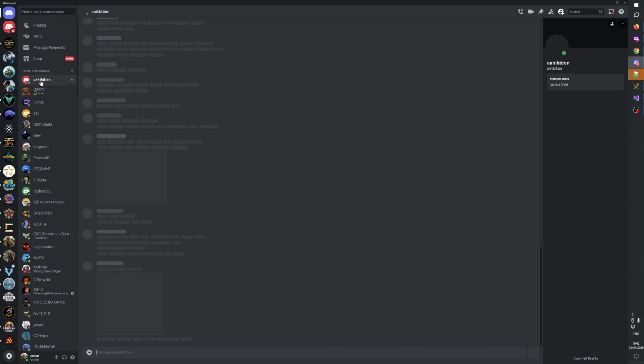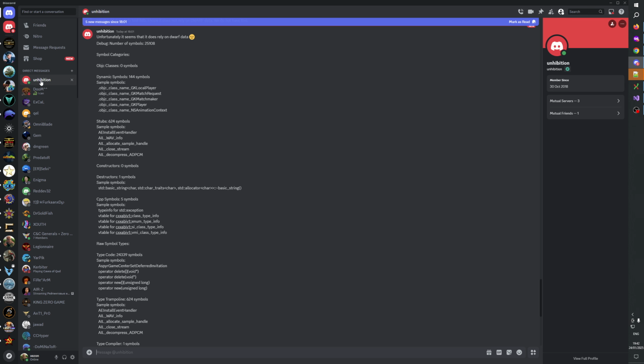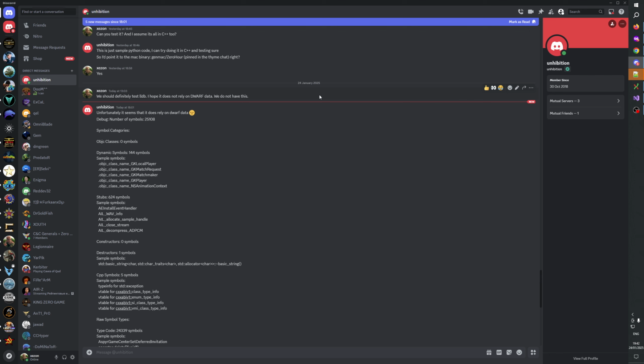There's some spam by Inhibition, aka Baptista. Okay, what does it say? Unfortunately, it seems that it does rely on DWARF data. Uh-oh. Debug number of symbols. Dynamic symbols 144.